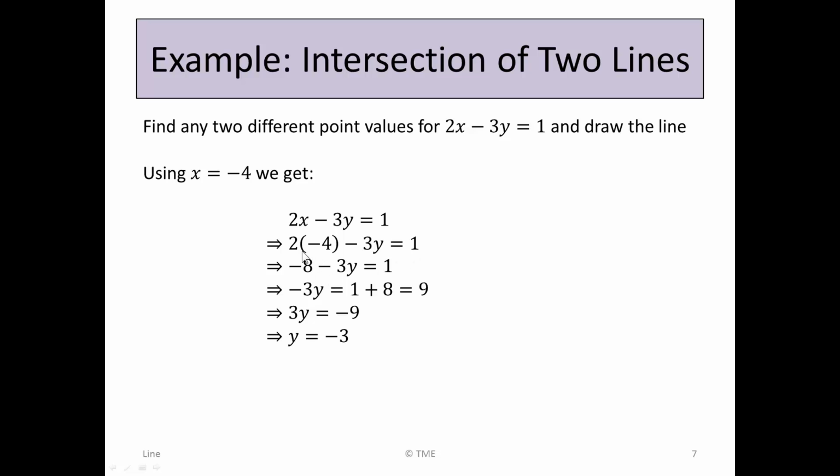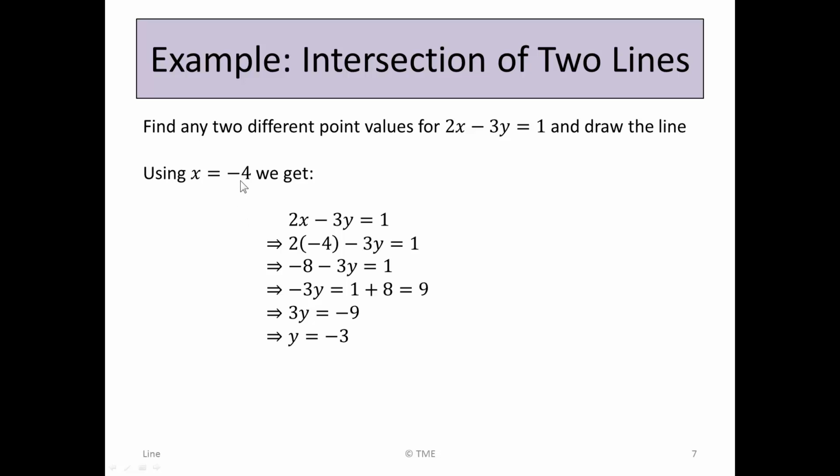Minus 8 minus 3y is 1. Taking the 8 to the other side, minus 3y is 1 plus 8, which is 9. So 3y is minus 9, or y equals minus 3.